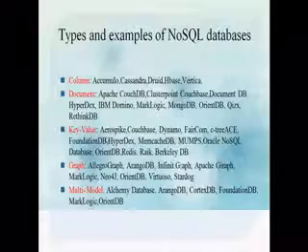Aerospike, Couchbase, Dynamo, FairCom c-treeACE, FoundationDB, HyperDex, MemcacheDB, MUMPS, Oracle NoSQL Database, OrientDB, Riak, BerkeleyDB are examples of the key-value type. AllegroGraph, ArangoDB, InfiniteGraph, Apache Giraph, MarkLogic, Neo4j, OrientDB, Virtuoso, Stardog are examples of graph databases.